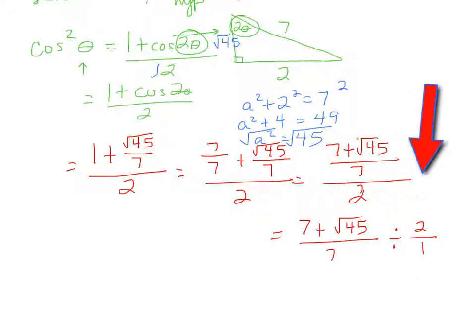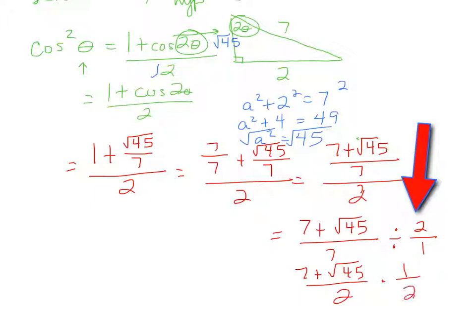That's what a fraction is, top divided by the bottom. So I wrote it like that. That makes it easier to see that it's times 1/2. Oops, I put a 2 on the bottom of this instead of 7. And then you multiply that 7 and that 2 together.